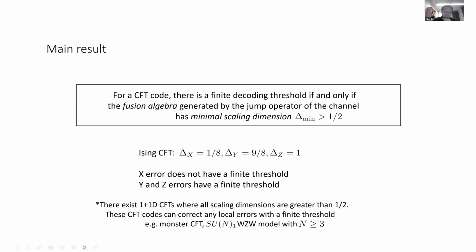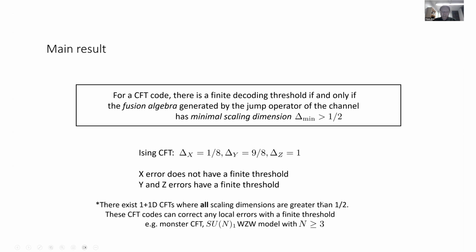Okay, and for the Ising CFT, you have x with scaling dimension 1/8, y with 9/8, and z equal to 1, and you see that y and z satisfy this condition, and x does not. So the conclusion is that x error does not have a finite threshold, and y and z errors have a finite threshold. And what if you want a CFT that has all the operators to have a finite threshold? Actually there exist such CFTs, but they are not as easy as the Ising model.